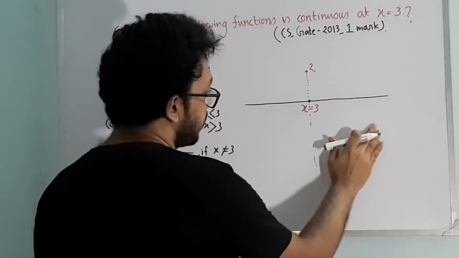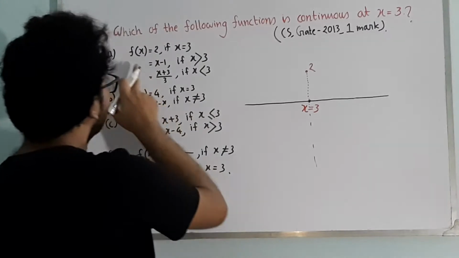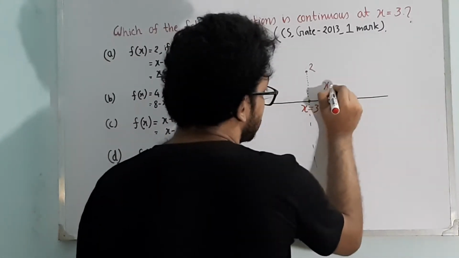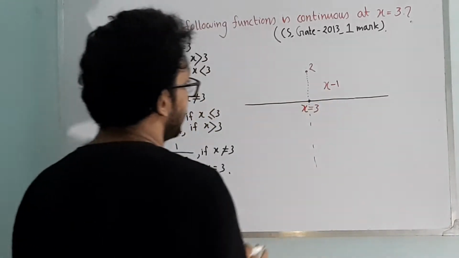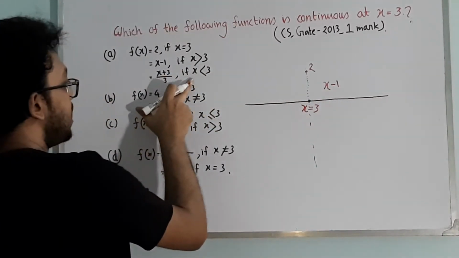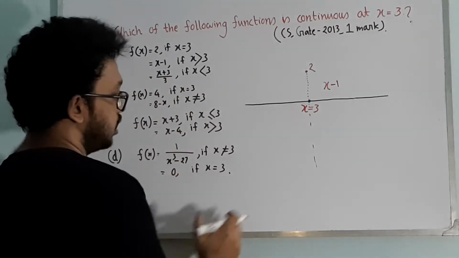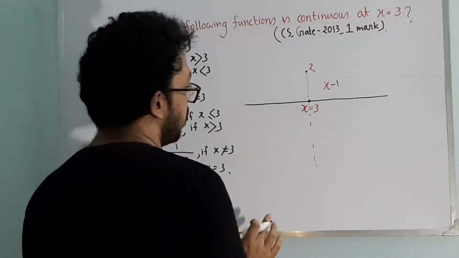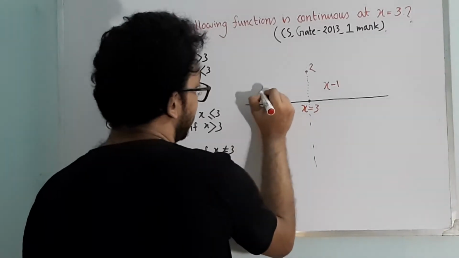So in the right neighborhood of x equal to 3, that is in the right side of x equal to 3, f(x) is x minus 1. And if x is lesser than 3, then f(x) equal to (x plus 3) by 3. So just in the left side of x equal to 3, or in the left neighborhood of x equal to 3, you have f(x) equal to (x plus 3) by 3.